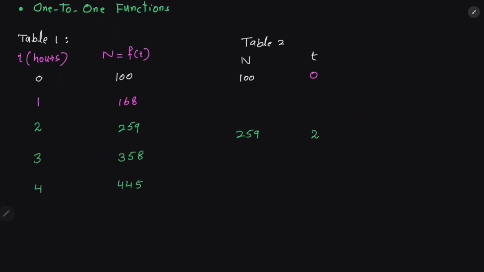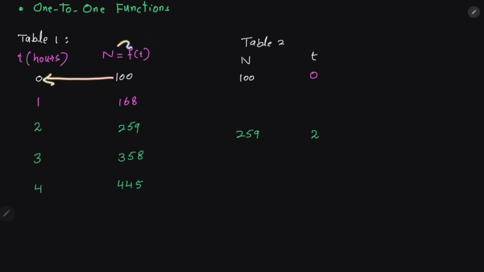So the table 1 says that n is a function of t, and the table 2 says that t is a function of n, for example, you are doing inverse of that. First, in table 1, you were moving from t to n. Now you are moving from 100 to t.